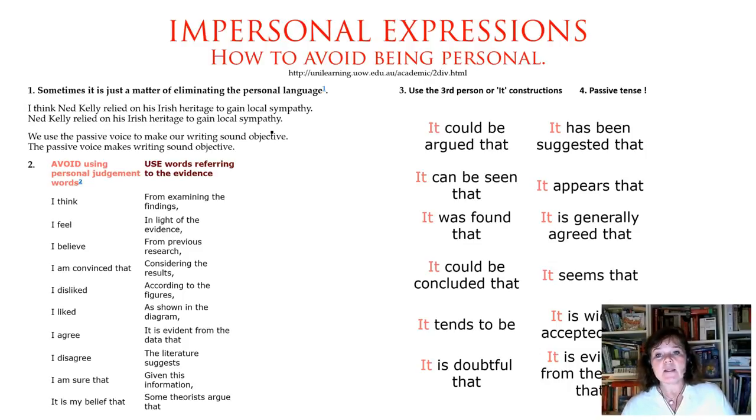And then we have the passive tense. That means that you swap the sentences. It has been suggested that, instead of saying, this has been suggested. You turn the phrase. Do you realize what you're doing? I'll take a very simple example. Mr. Erickson has bought a new car. That is an active sentence.